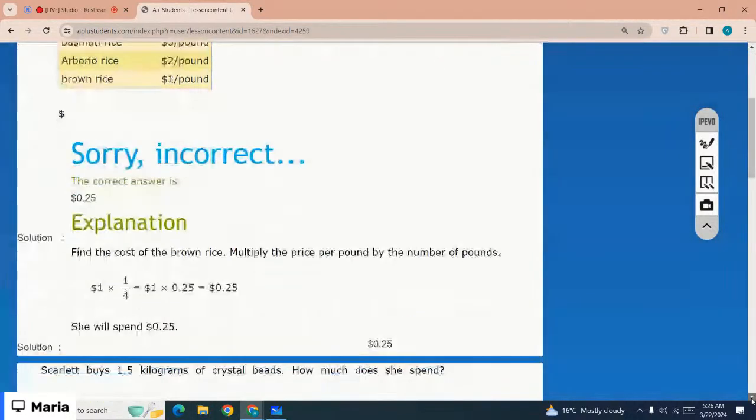So 1/4 of a pound means you have to divide 1 by 4, right?